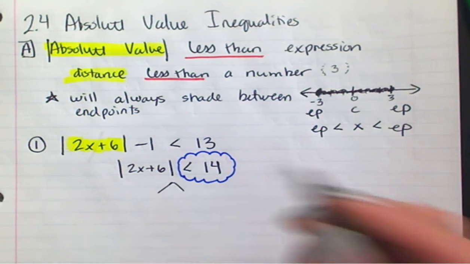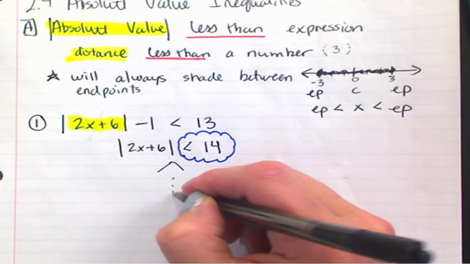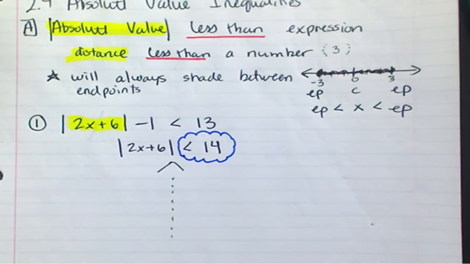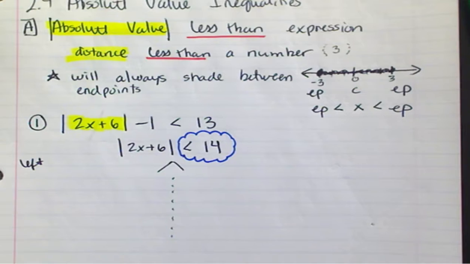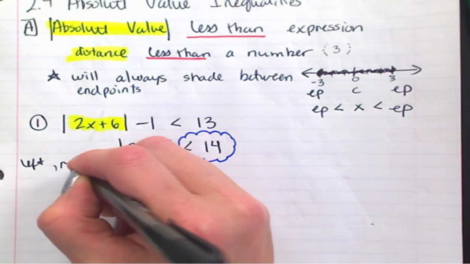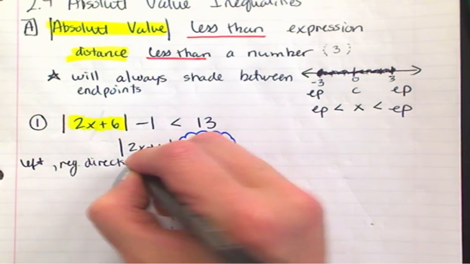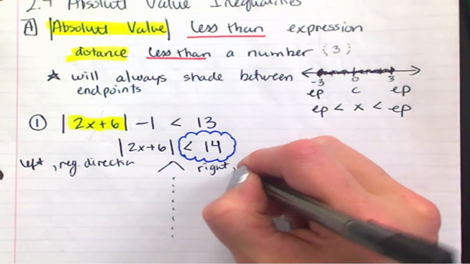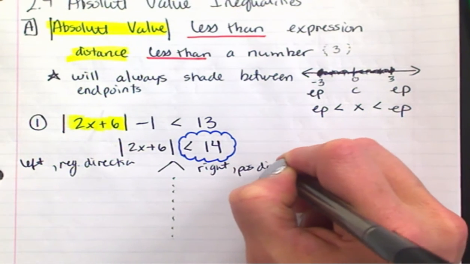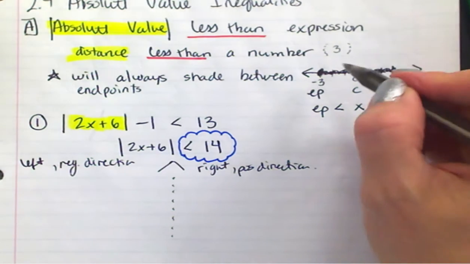Okay? Split it just like we do equations. Okay? So I'm going to have a left and a right side. The left of the center, or the negative direction. I'm going to have the right of the center, or the positive direction. Okay? Now I'm looking at my graph here.